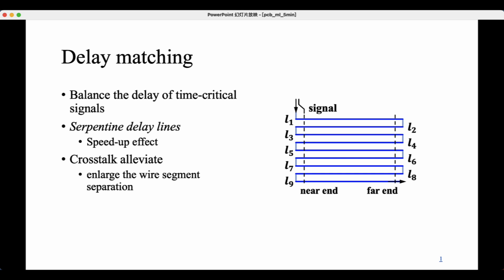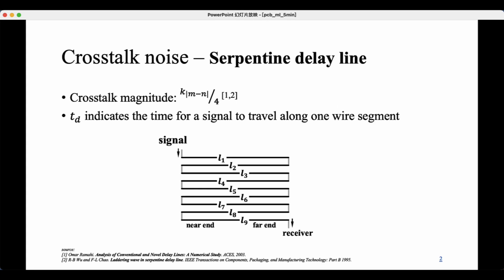In the following, we elaborate on the propagation of the main signal and the crosstalk along the serpentine and spiral delay lines. Suppose that at time 0, the main signal appears at the near end of L1. The signal simultaneously induces crosstalk noise in all other segments.